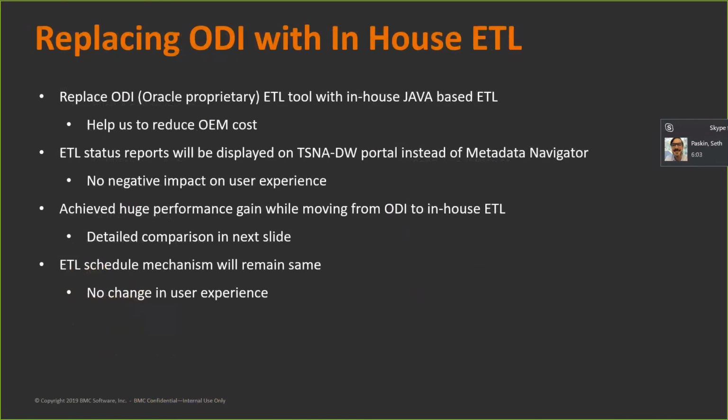Along with the replacement of the technology, where instead of SAP BO we have started using Yellowfin, the other major change is that we have replaced Oracle ODI, which was being used for extracting the data, with Java-based code, and it has helped us improve the performance of the system.